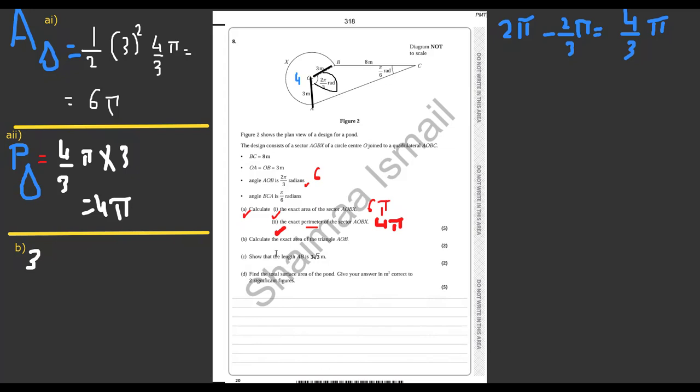He wants you to find the exact area of the triangle AOB.